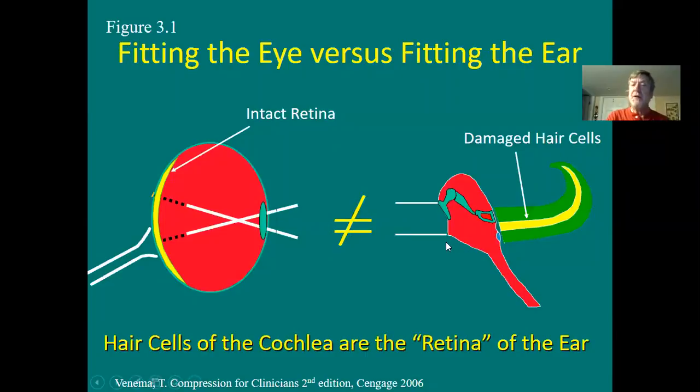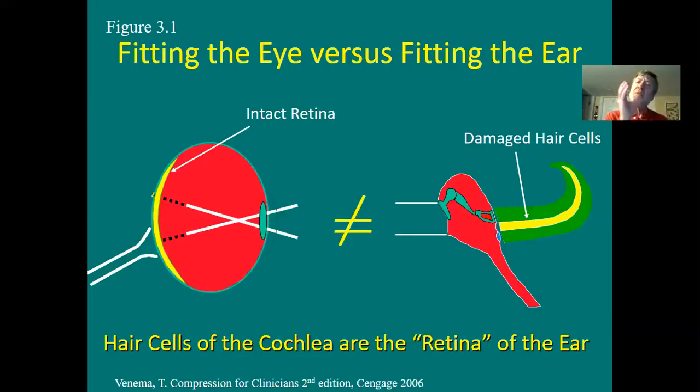With the ear, there's no problem with sound getting through the middle ear. Middle ear pathology accounts for like 5% of all hearing loss. 95% of hearing loss is due to damage in the cochlea. And as it says on the bottom here, hair cells of the cochlea are, in quotes, the retina of the ear.